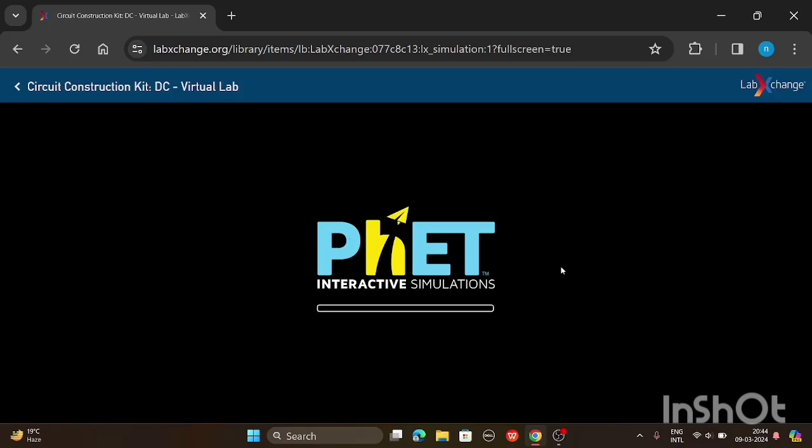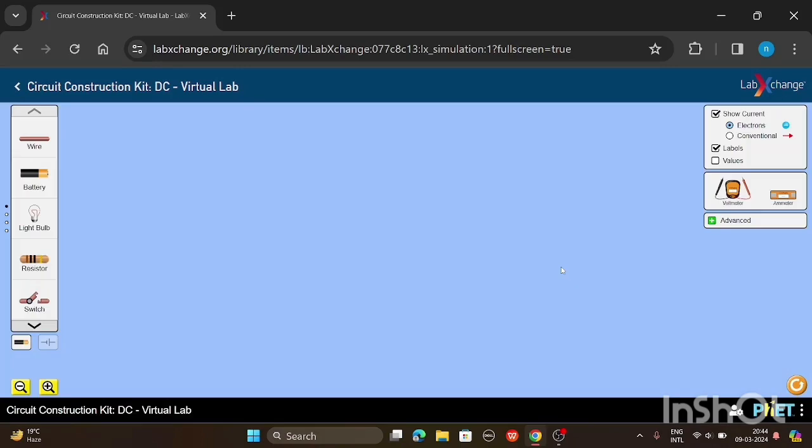So it is a simulation by PhET. First we can take a light bulb here, electric bulb. We can connect it with some wire. We can connect an emitter here. We'll take some more wire.